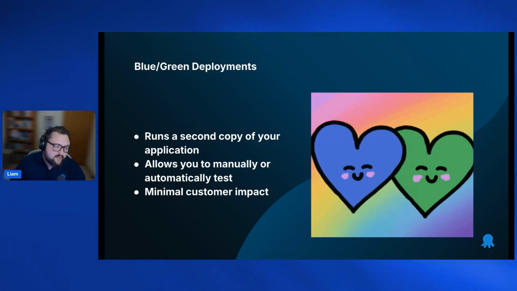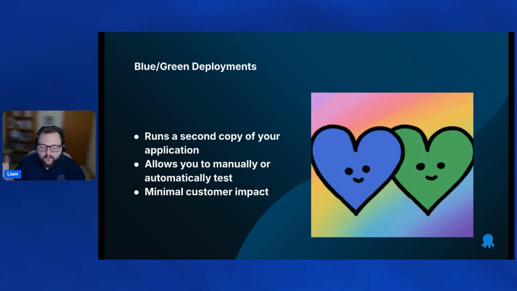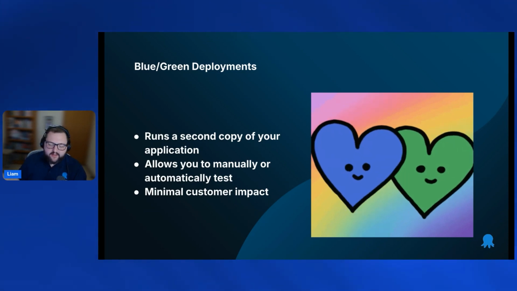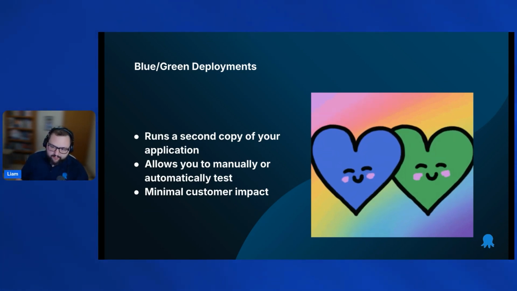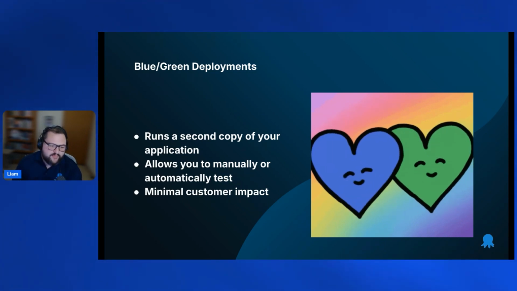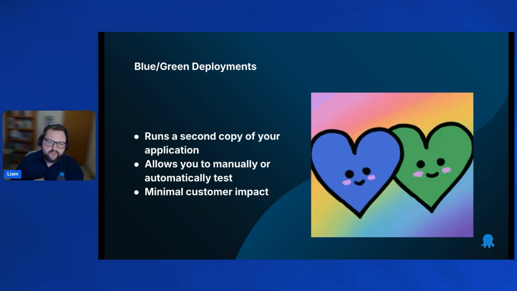You use this as well to warm up the green environment. It means that you can essentially have all of your caches all warmed up prior to actual customer traffic hitting it. And then all at once, you swap the traffic. And that's your deployment. Your customer traffic doesn't hit green until it's been tested and warmed up. It means that they don't get any different versions of your software.